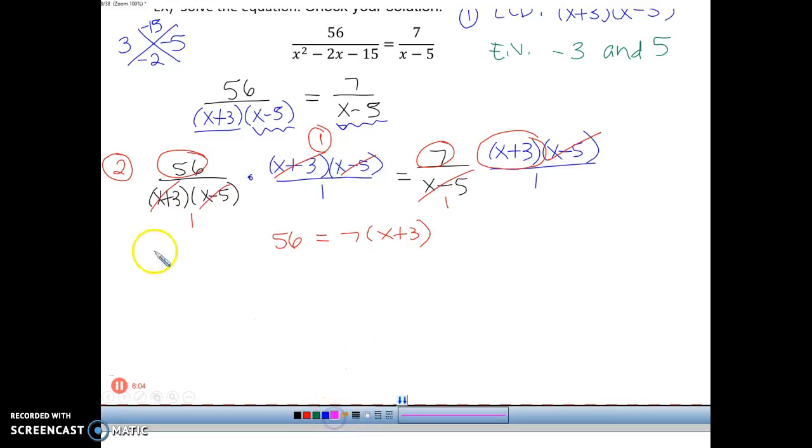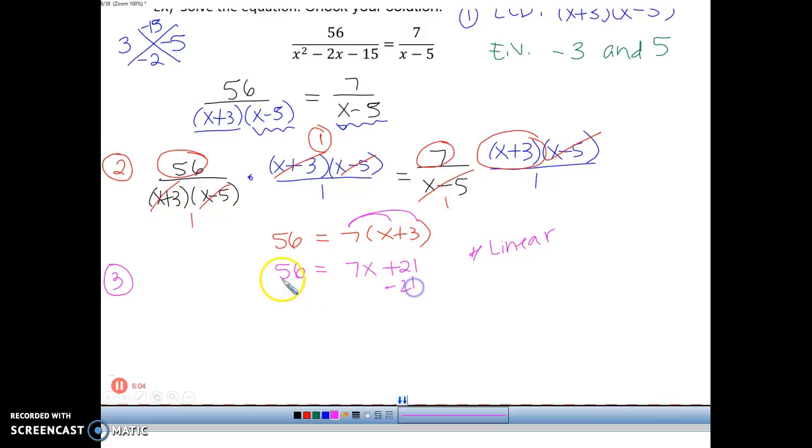And then step 3 is to solve the remaining equation. So I can't do anything here, so then multiply 7 times x plus 7 times 3. So 56 equals 7x plus 21. This time I don't have a quadratic, this is linear. So linear, you just solve.